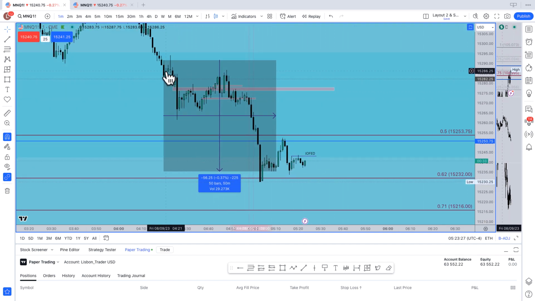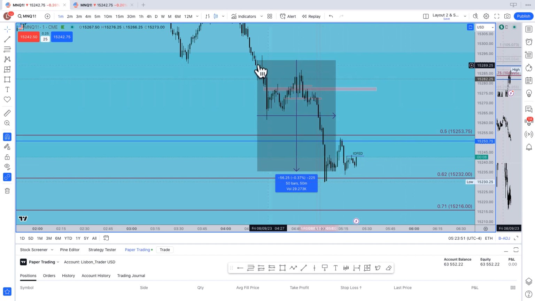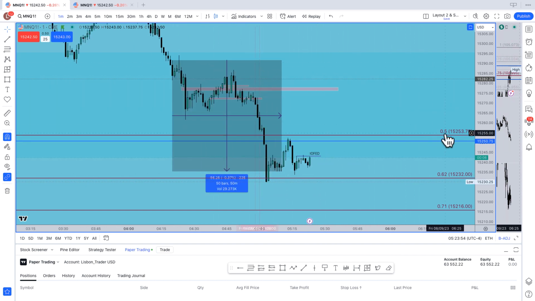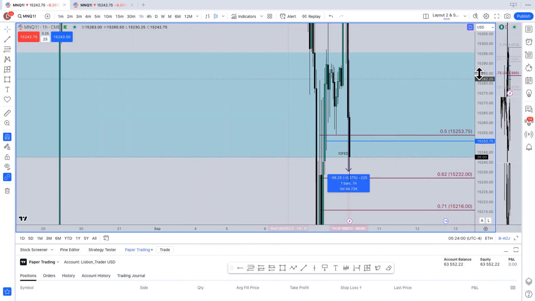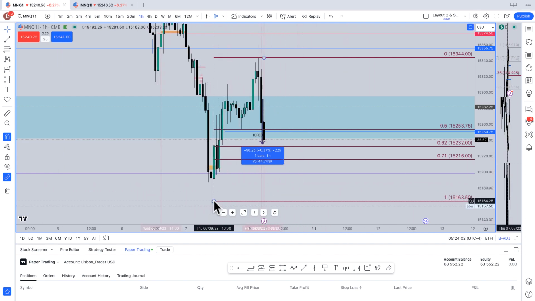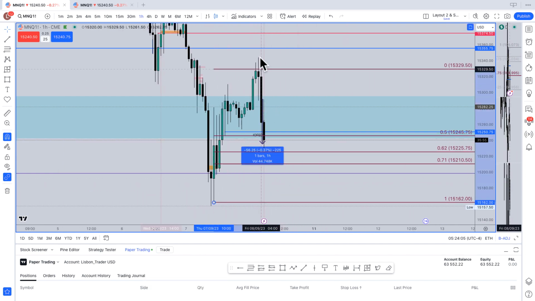So we started here, and then this is a 0.73% drop in the index, up from below to above the 50% level on the higher time frame, meaning from this week to this one.